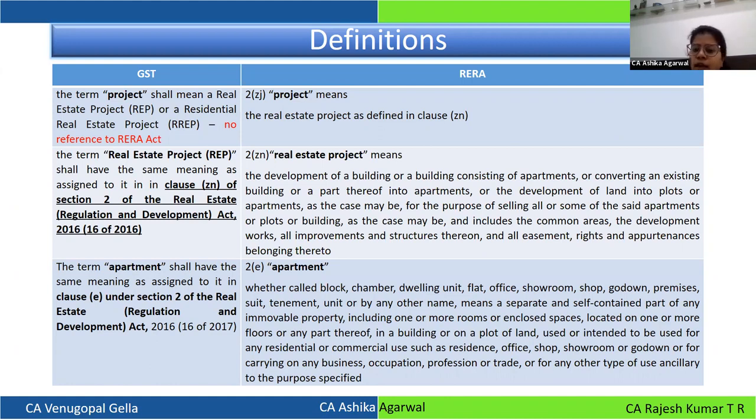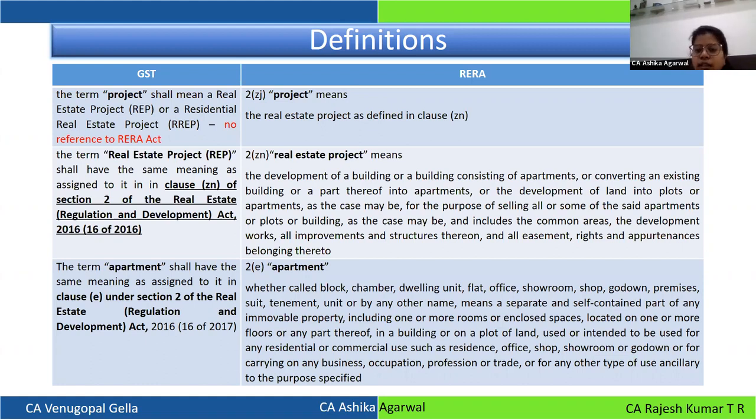As the case may be, for the purpose of selling all or some of the said apartments, plots, or buildings, including common areas, development work, all improvements, structures thereon, and all easement rights belonging thereto.